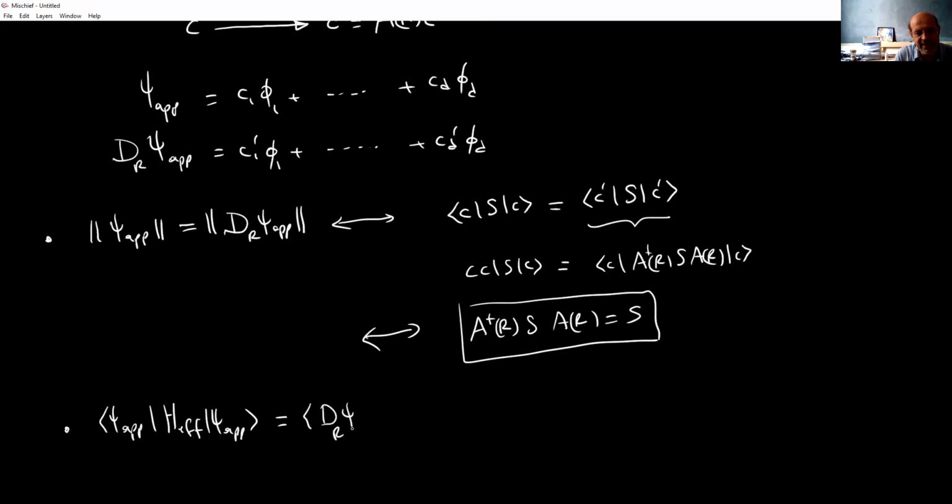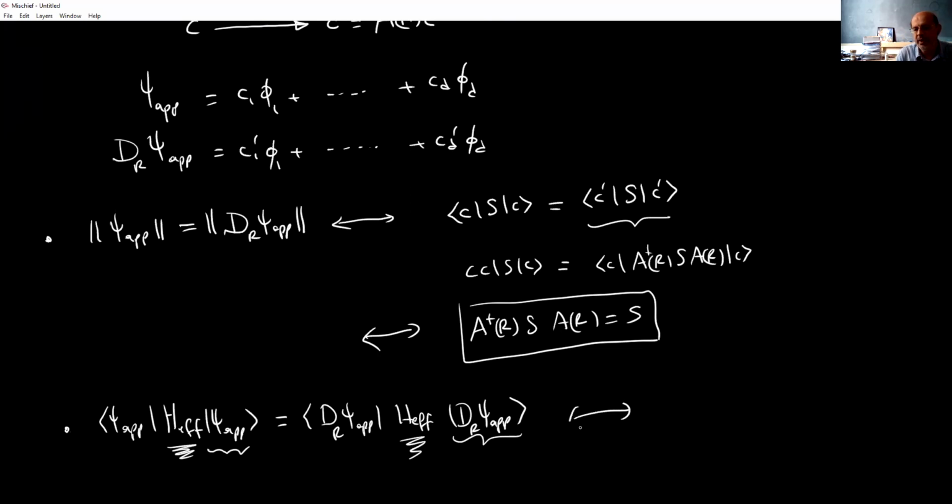So this is D(R) psi HF. The expectation value of my Hamiltonian in this approximate wave function or its rotated wave function should be the same. This basically is a statement about the symmetry of that effective Hamiltonian.